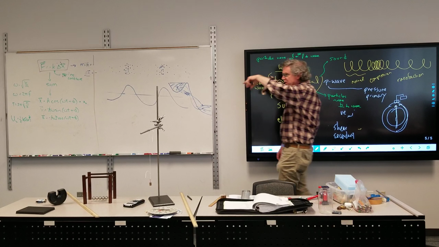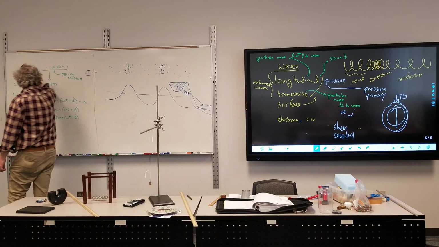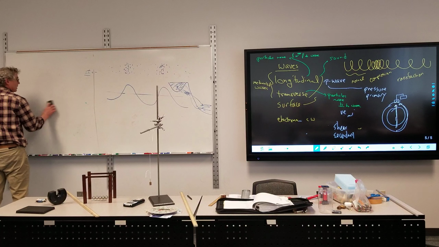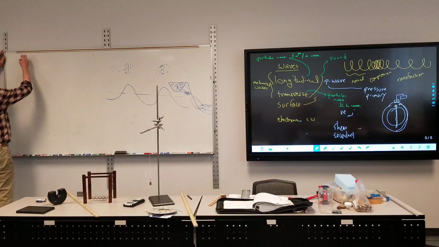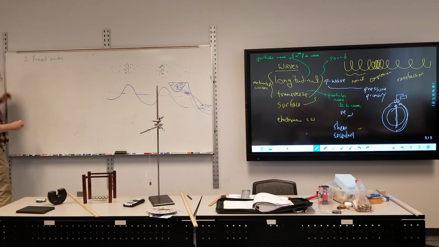Now, we were dealing with the harmonics with two fixed ends, and so we need to address the fixed-free end bit. So, two fixed ends. The first harmonic, the simplest way that you can make, is that.